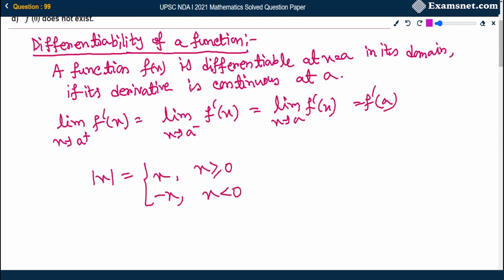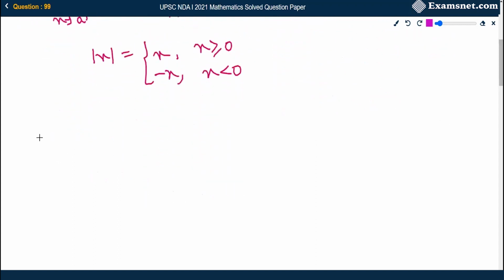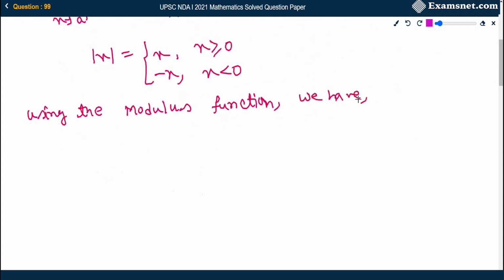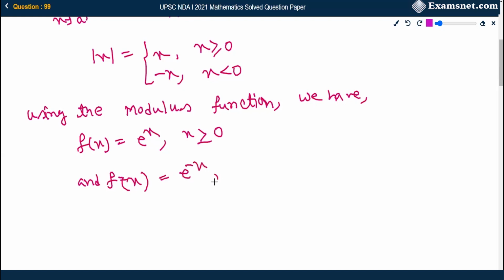So here, using the modulus function, we have f of x as e to the power x when x is greater than or equal to 0, and f of x as e to the power minus x when x is less than or equal to 0.